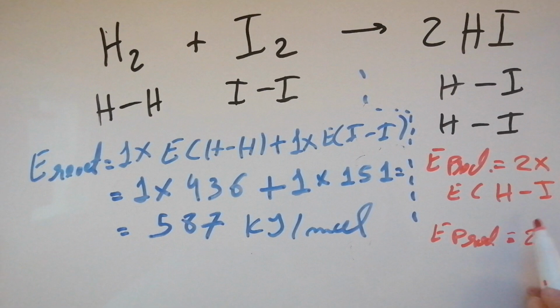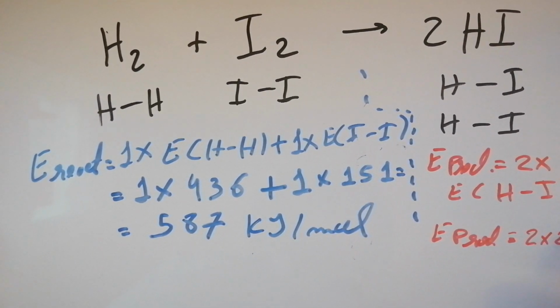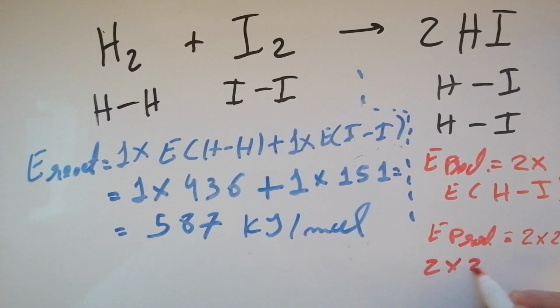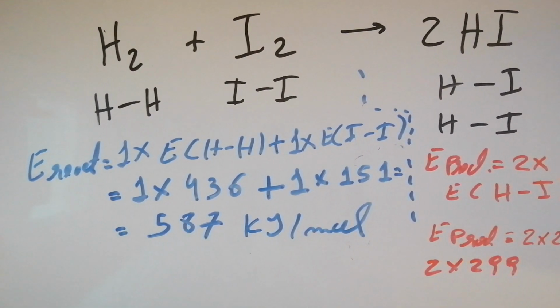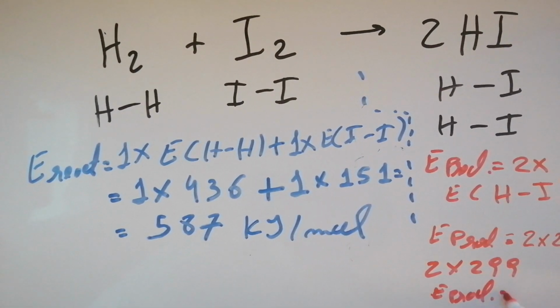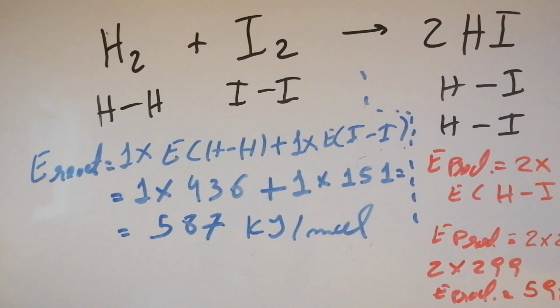So I'm going to put 2 because we have two molecules once again, times 299, so you can see. And the energy of the products is 598 kilojoules per mole.